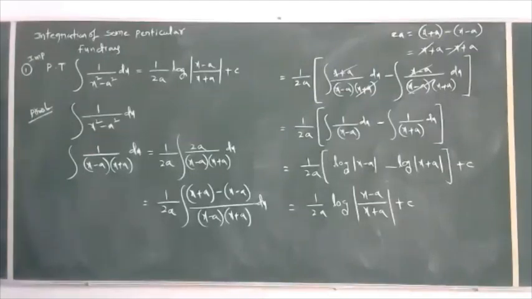That is, integration of 1 by x square minus a square is 1 by 2a into log mod x minus a by x plus a.